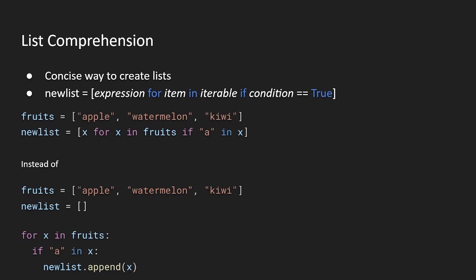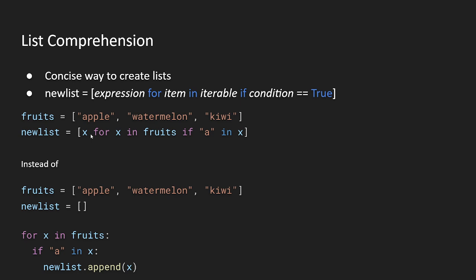List comprehension. So list comprehension is basically a concise way to create lists. So new list equals expression for item in iterable if condition equal true. So just ignore that for now and look at this. So it says we have some fruits, apple, watermelon, kiwi, and new list, and we're using list comprehension to make this new list.